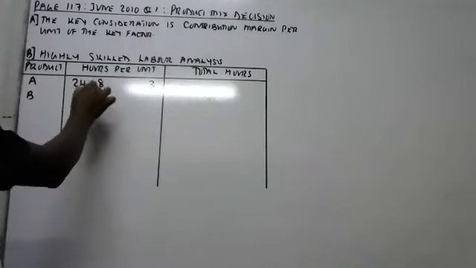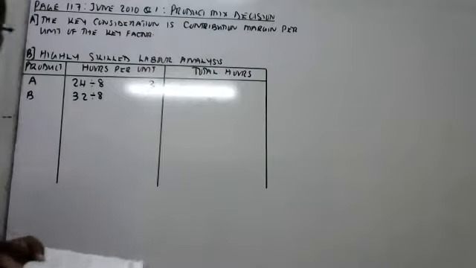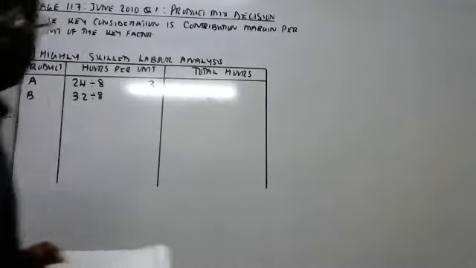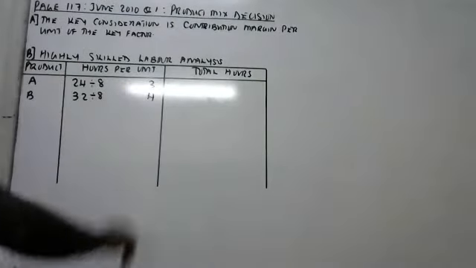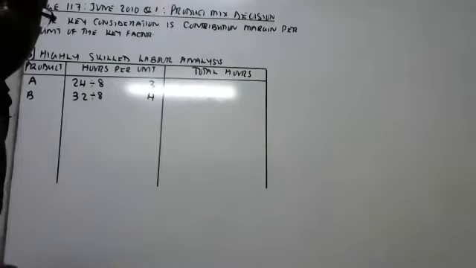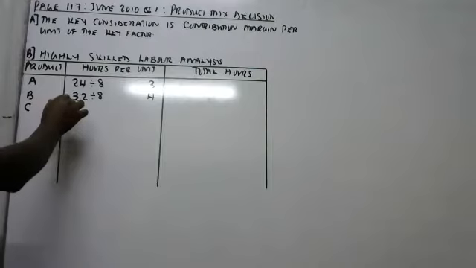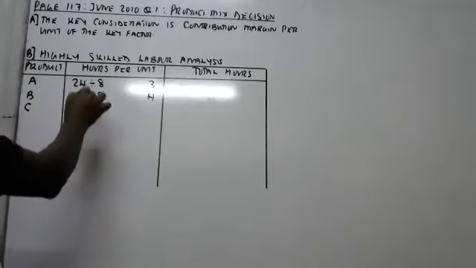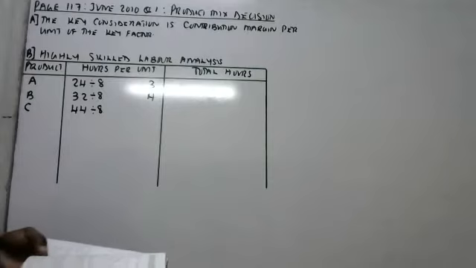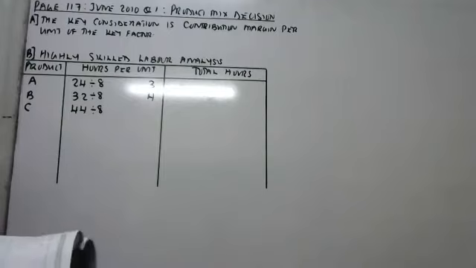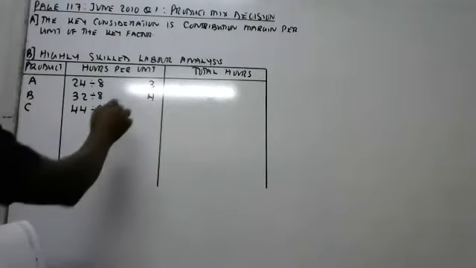So that 32 divided by 8 is 4. I think that question you'll have to complete, Sarah, for the purposes of today. Then 44 divided by 8 is giving us what? Good, 5.5.